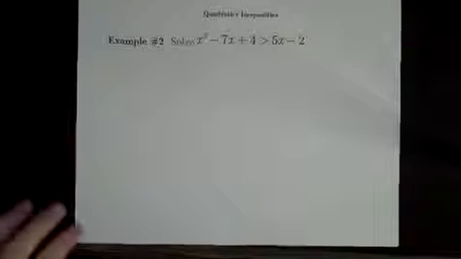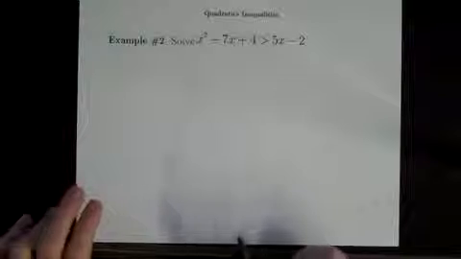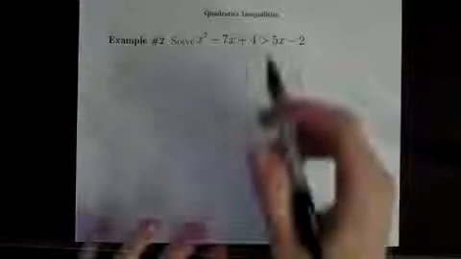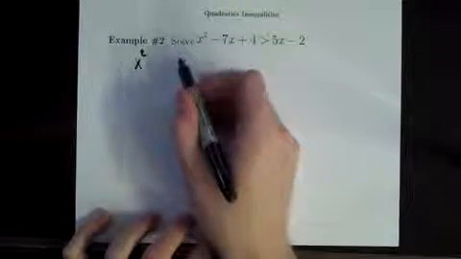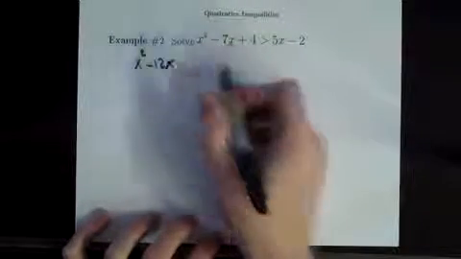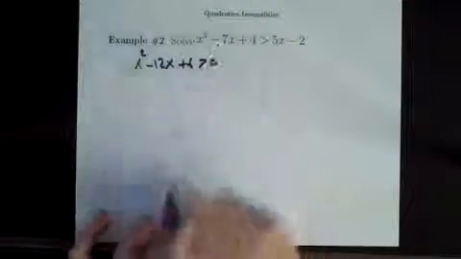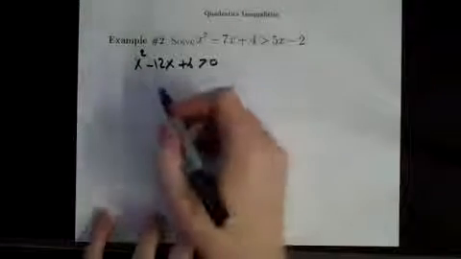Next question. Solve x squared minus 7x plus 4 is greater than, this time, 5x minus 2. Okay, this one's not going to factor properly. So let's see. X squared, subtract the 5x over, and add 2 to both sides. This does not factor. Okay, so we need to throw this into the quadratic formula.